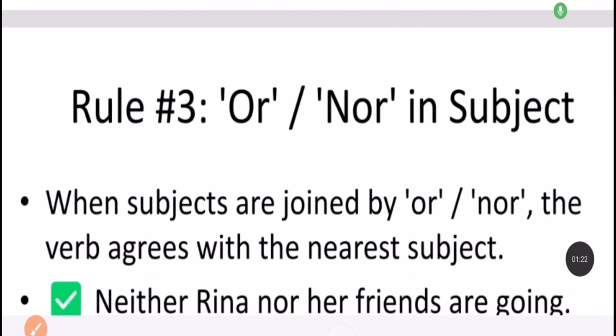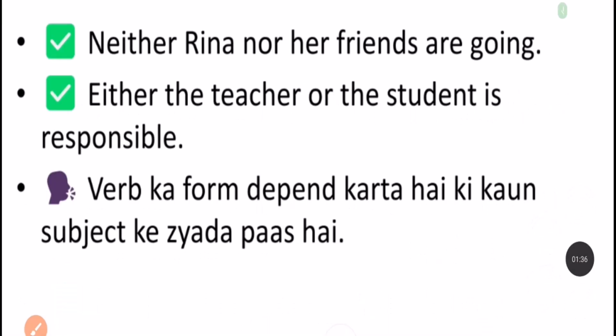But when subjects are joined by or, nor, the verb agrees with the nearest subject. Let's see some examples for better understanding. Neither Reena nor her friends are going. Here, nearest subject is friends.